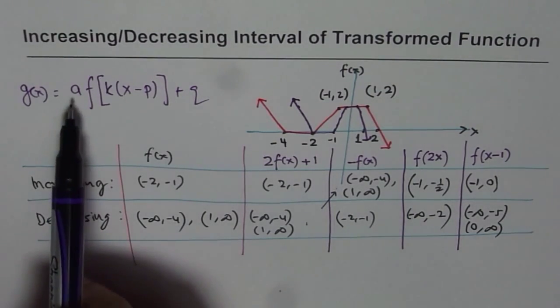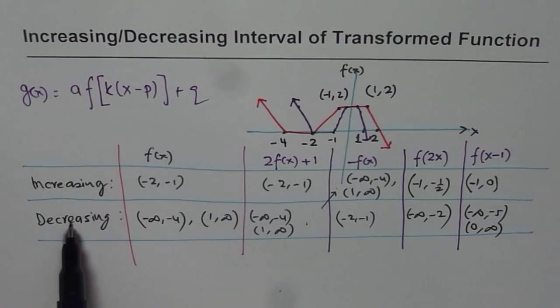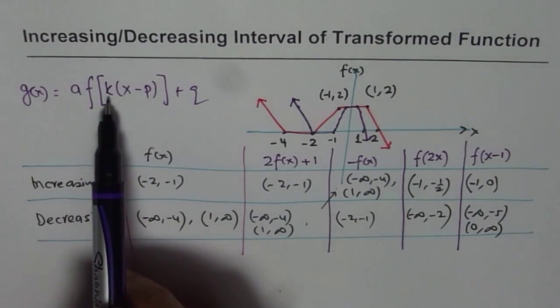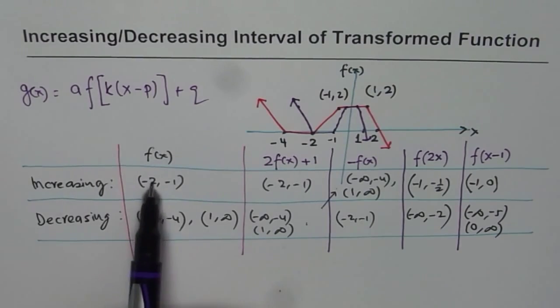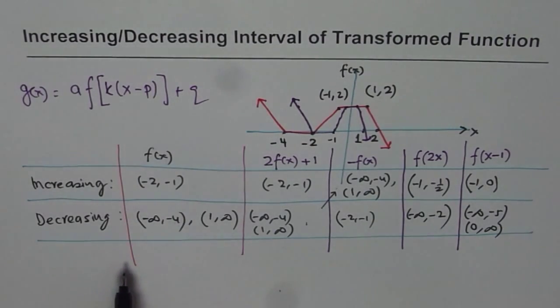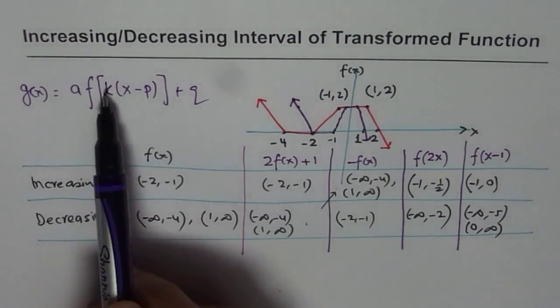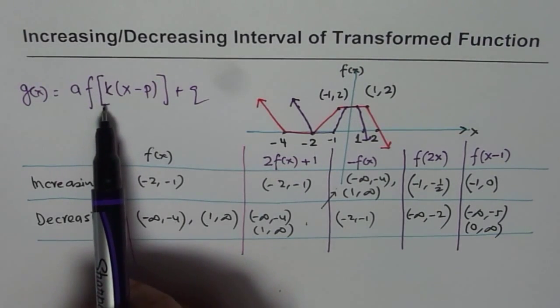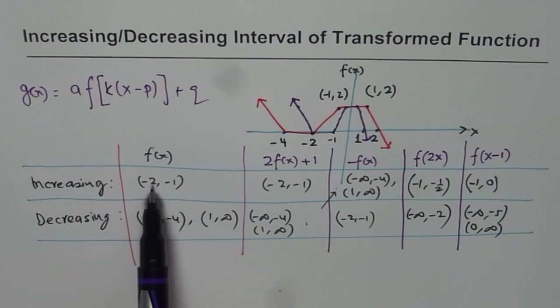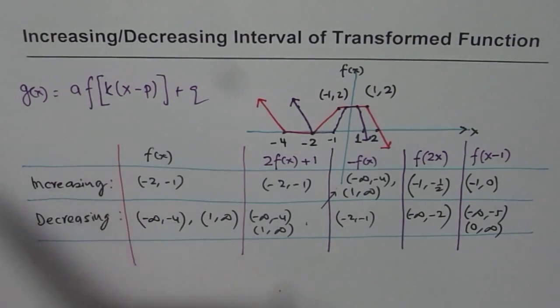However, if a is negative, it reverses. As far as k is concerned, if it is greater than 1, there is a horizontal compression by a factor of 1 over k. The values get multiplied by 1 over k. If k is less than 1, for example half, there will be a stretch, so these values will be multiplied by the reciprocal of the fraction.